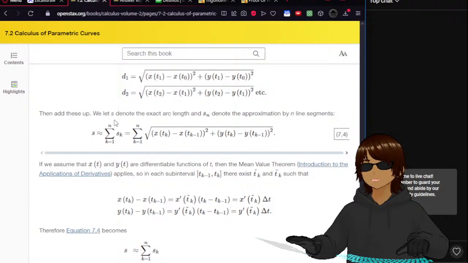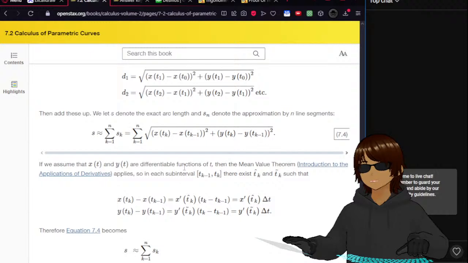To add these up, we let S denote the exact arc length and we let S_n denote the approximation by n line segments. We assume that x(t) and y(t) are differentiable functions of t.